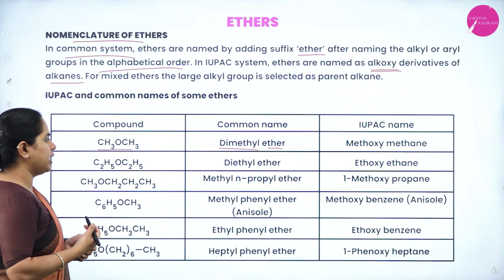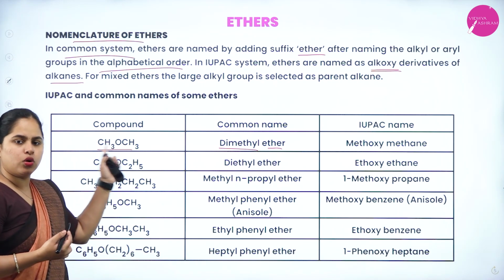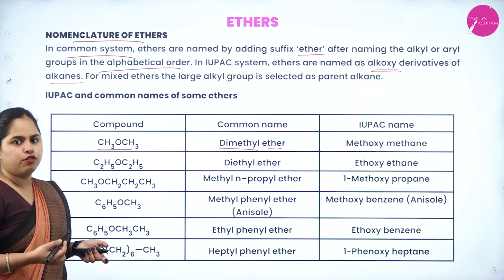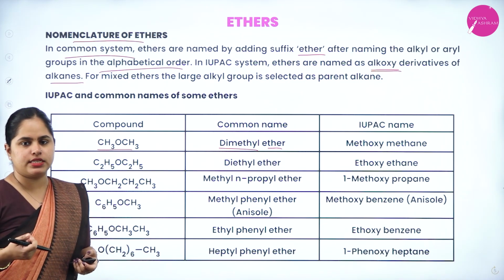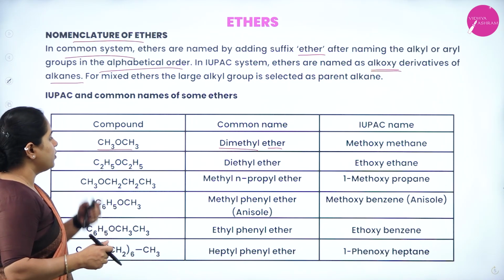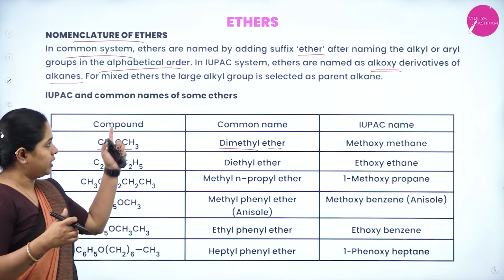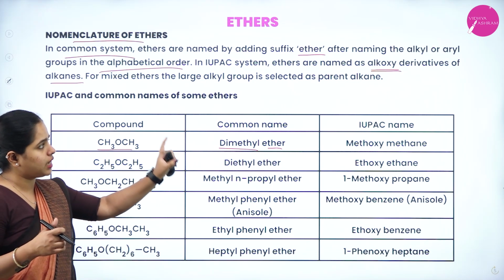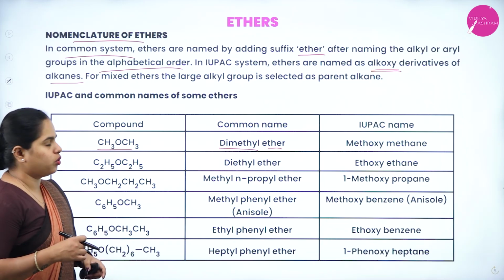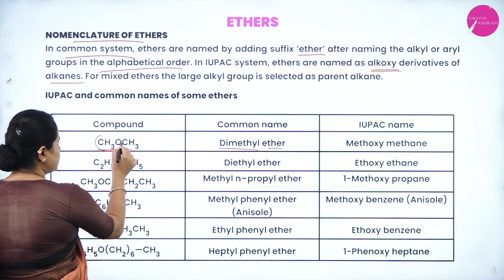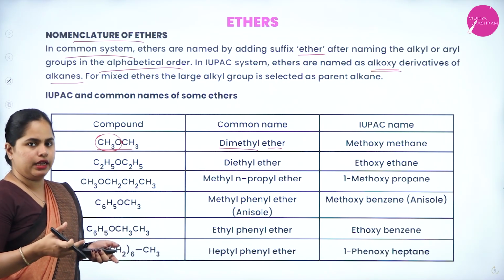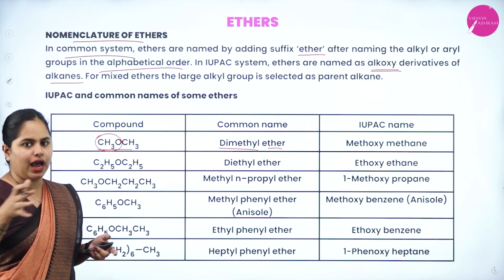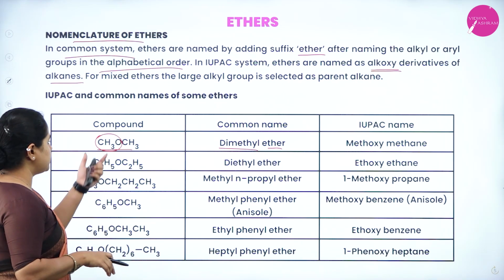Okay. IUPAC, how do you write it? What is the total number of carbon atoms here? It is 2. So how do you name the same compound in IUPAC nomenclature? It is an alkoxy derivative of the hydrocarbon. Alkoxy means oxygen and the alkyl group, so this is your alkoxy group.